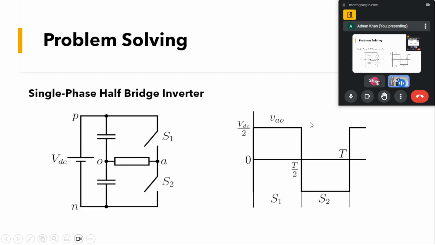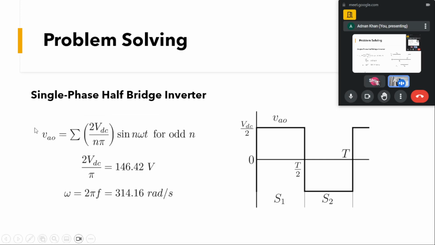Now when we have this square wave, you can see this waveform has half wave symmetry, and if we do the Fourier analysis of this square wave, you will see there won't be any even harmonics in this.